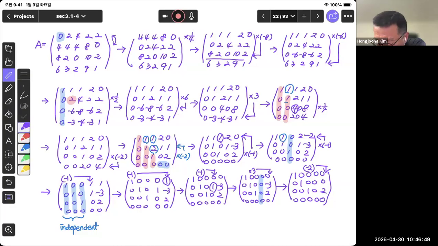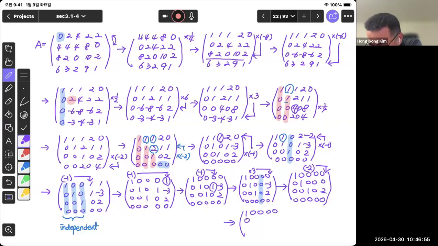So let me write down like this. So we have 1 0 0 0 0 0 1 0 0 0 0 0 0 0 0 0 0 0 0, so that this shape is the 3 by 3 identity matrix, and O1, O2, O3 here.